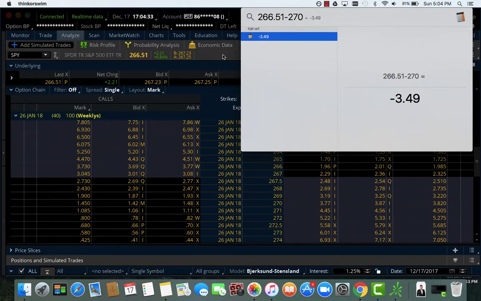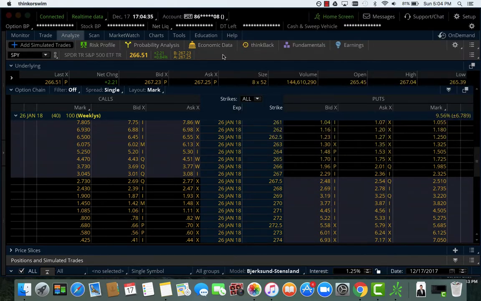So, kind of to regroup, in the money calls at expiration, you get 100 shares of stock at the strike price. So if you were the owner of a 263 call at expiration, you would own 100 shares of stock at $263 a share. And a call being in the money is the price of the stock being greater than the strike price of your option.